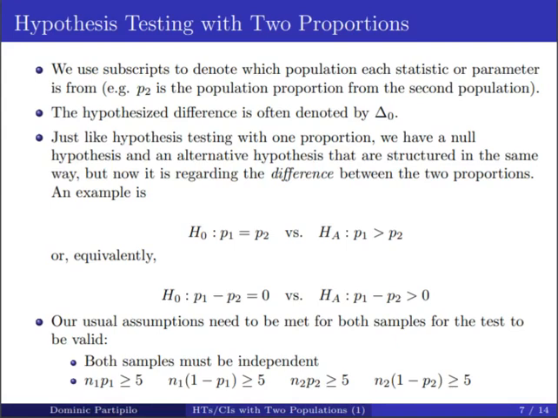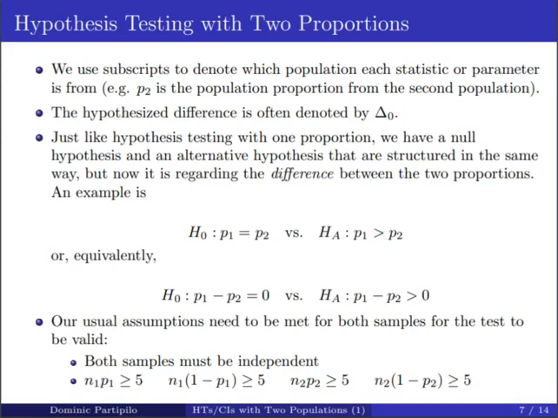Also, our hypotheses are going to be regarding the difference between the two proportions. So this is an example right here where our null hypothesis could be that p1 is equal to p2 versus an alternative hypothesis that p1 is greater than p2. This could be a less than sign or a not equal to sign, depending on what we're testing.